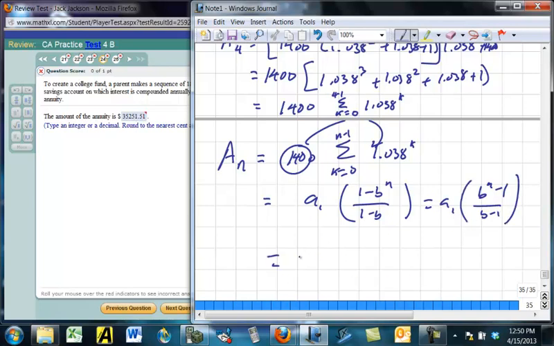So the first year, when k is 0, is just 1400. The base is 1.038, and we want to raise that to n payments. 1.038 minus 1, so the bottom is just 0.038.